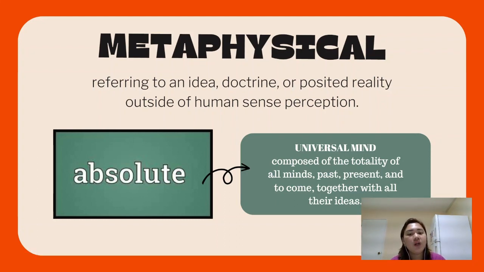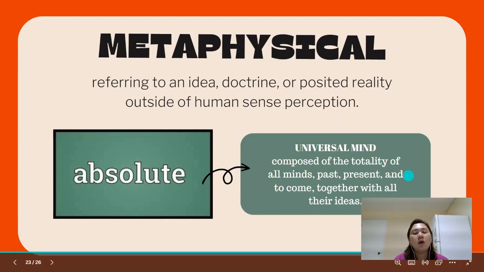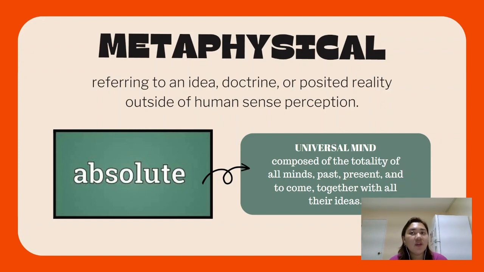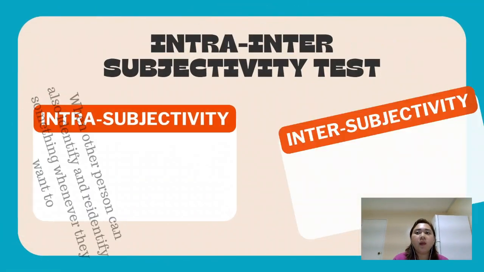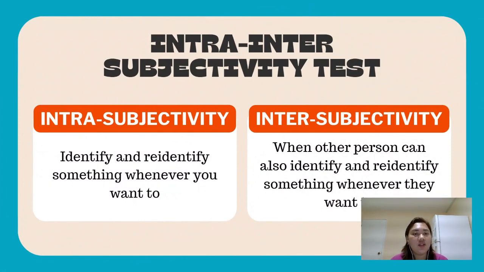Now that we have discussed the seven classifications of concepts, we are moving on to the intra-intersubjectivity tests. Let us first define the individual tests. Intrasubjectivity is when I can identify and re-identify something whenever I want to.